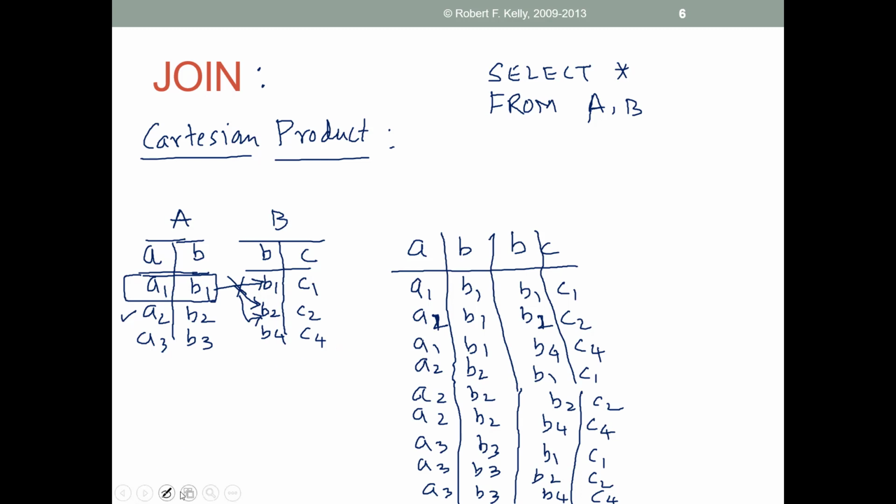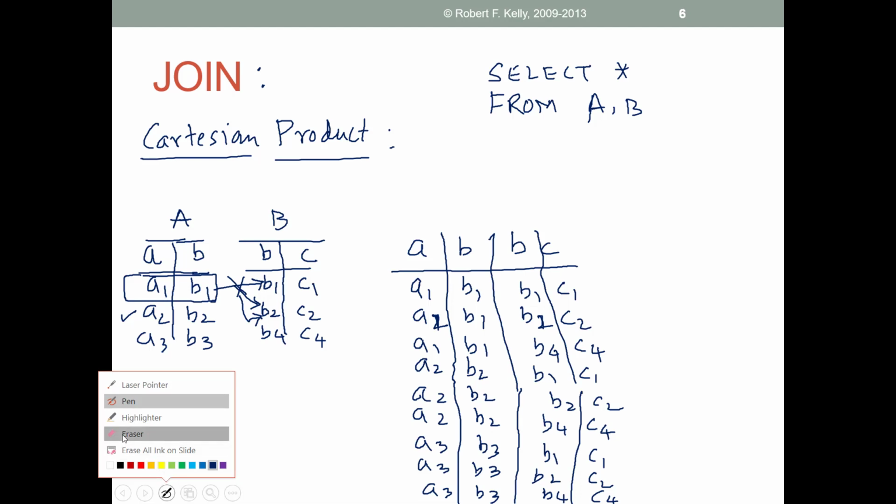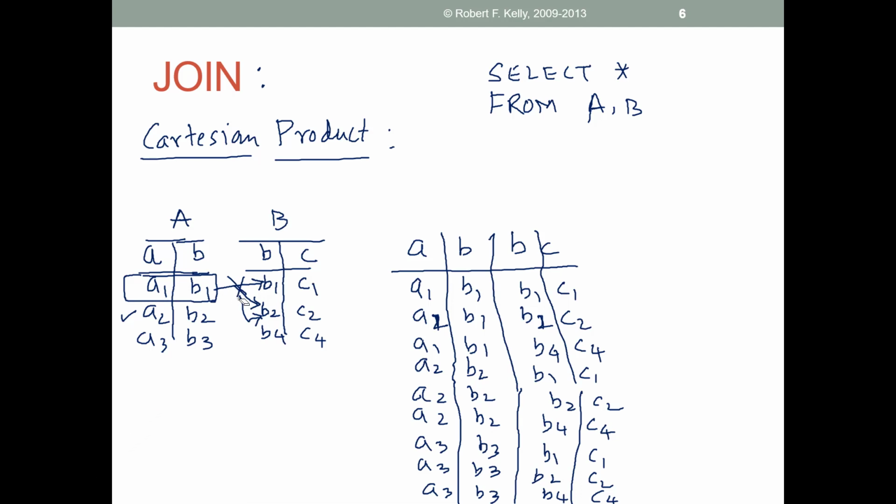Let me use the eraser to remove some clutter. I hope you got what I was trying to convey. I should go back to my pen, or rather use the mouse for that purpose. Good.